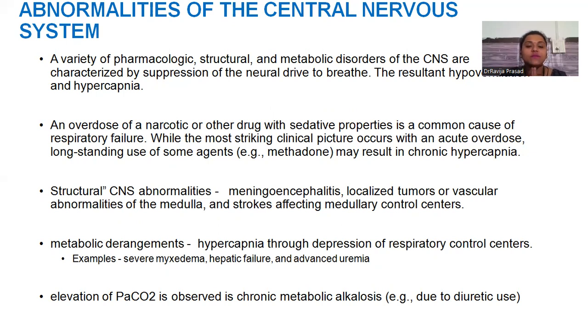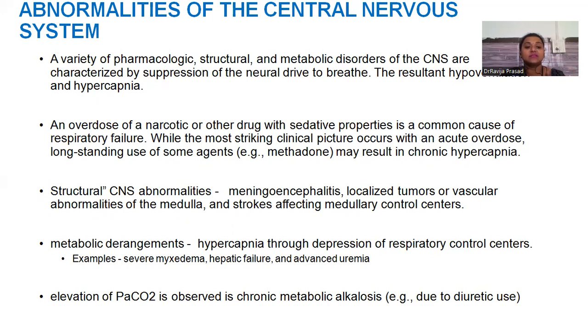Overdose of narcotics or other drugs with sedative properties is a common cause of respiratory failure. While the most striking clinical picture occurs with an acute overdose, long-standing use of some agents, such as methadone, may result in chronic hypercapnia. So this is the first abnormality you can find in the central nervous system.